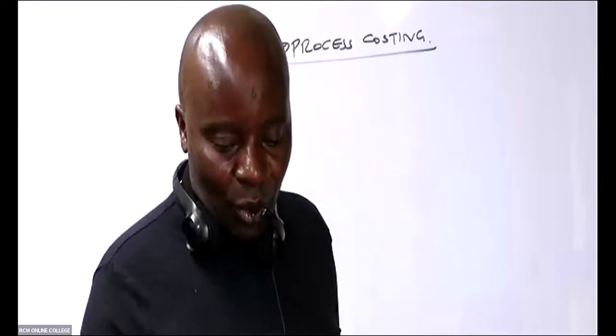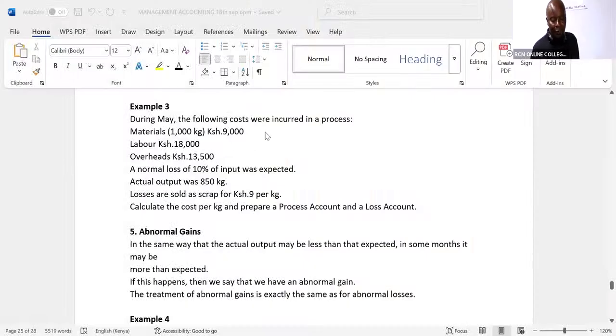So, ladies and gentlemen, this is what we are told here. And I would want to start with a question that I did yesterday for purposes of a recap. So this is example 3. We are told during May, the following costs were incurred in a process.